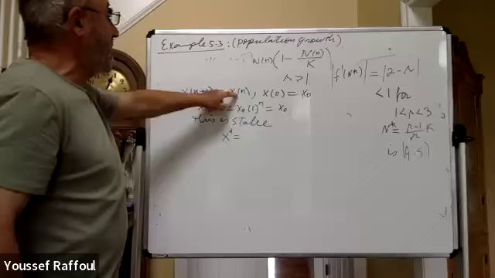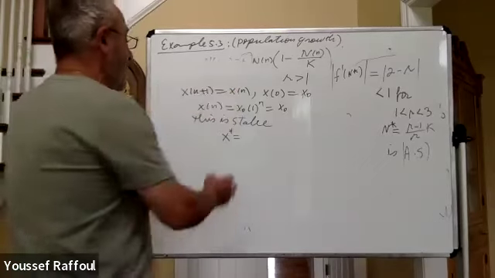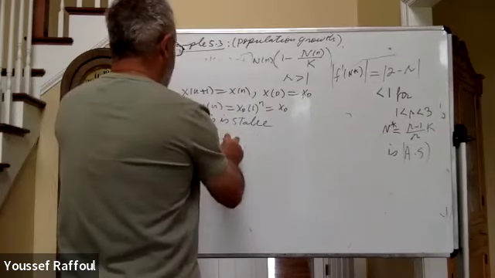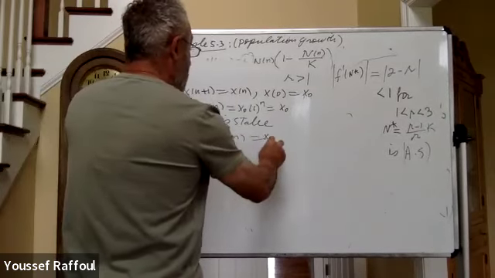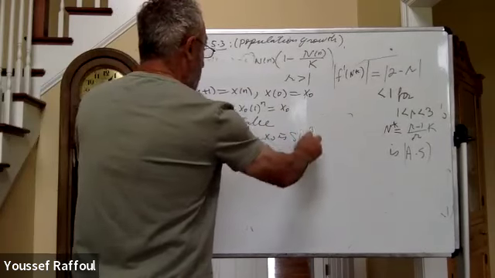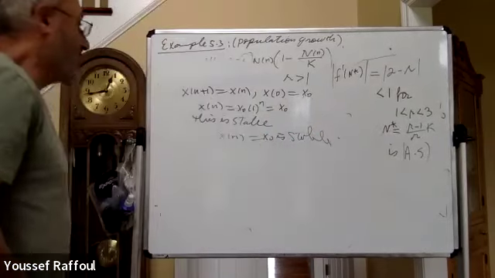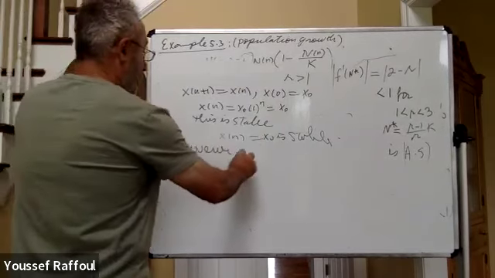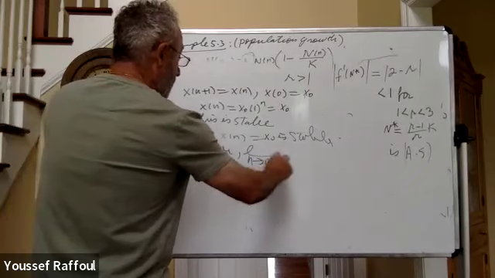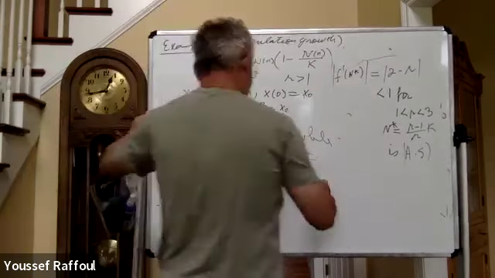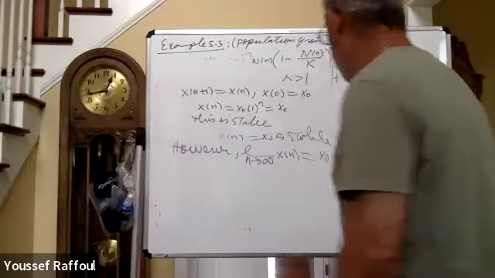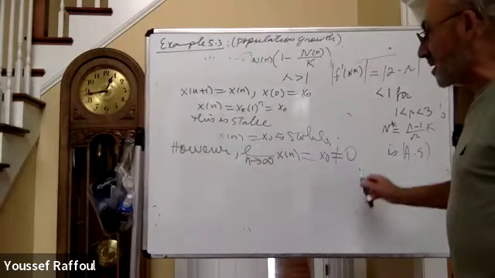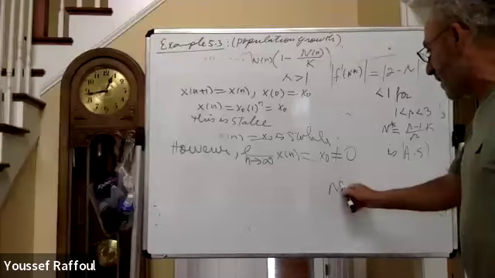However, the limit as n goes to infinity of x_n equal to x naught. So if x naught is not 0, this is not asymptotically stable. You see what I mean?